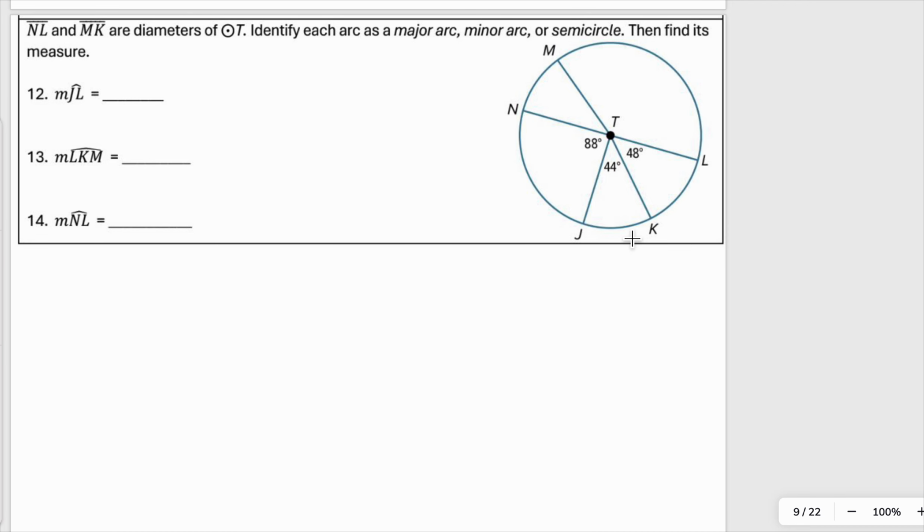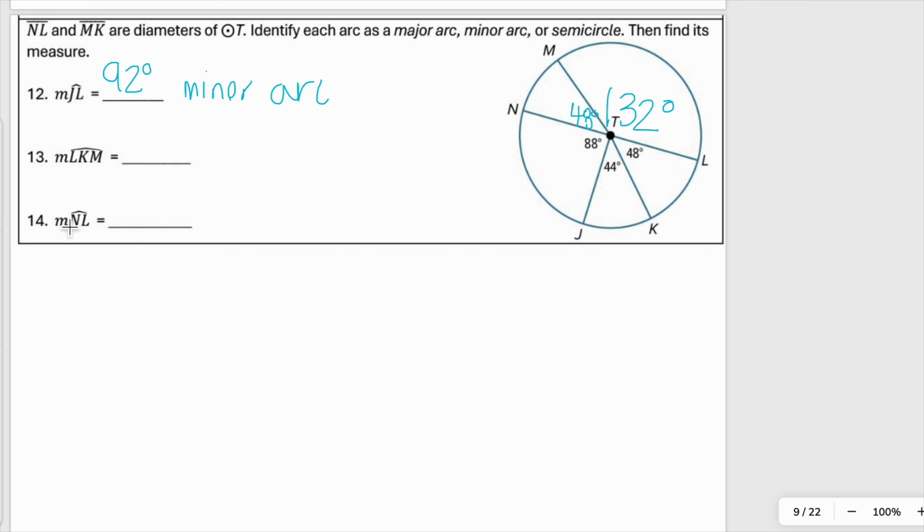So one way we can decide that missing piece for MN, because we'll need that here shortly, is maybe thinking about 44 plus 88 is 132, and then subtracting that from 180 is going to give us 48, which then we can subtract all of that from 360 to get angle T here, which is 132. So from J to L arcs, we're just going to add 44 and 48. We're going to get 92 degrees, and that's a minor arc.